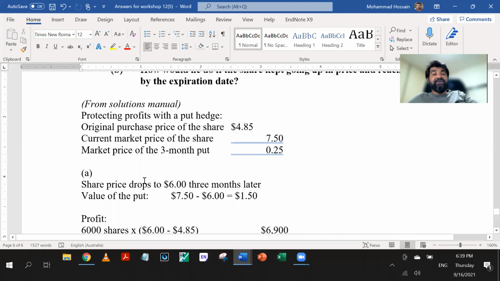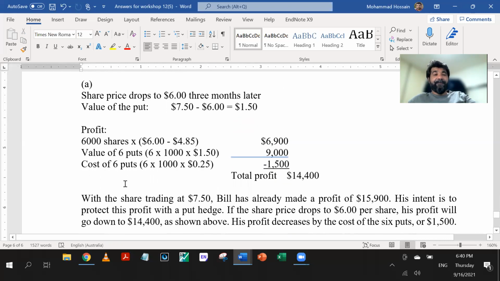So now if the share price drops to $6 three months later, he can still sell at 7.50 because of the certificate. Which certificate? The put certificate. So he will make $1.50 of profit, but this 0.25 needs to be subtracted to account for the expenses too. So 6,000 shares times 1.50.